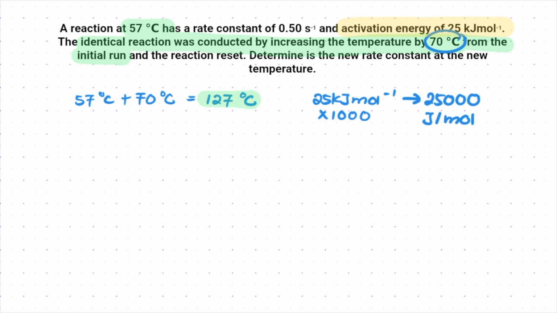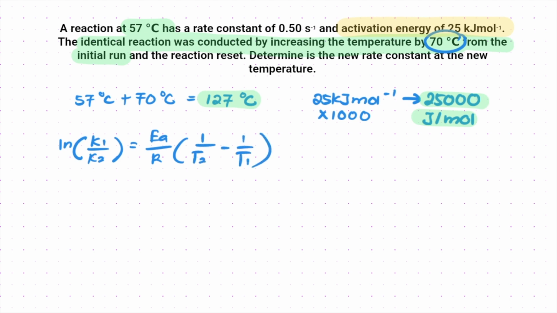Alright, so once we already converted all this into the correct unit, we can plug in these values inside the correct formula. So we have ln K1 over K2 is equivalent to activation energy over R times 1 over T2 minus 1 over T1.